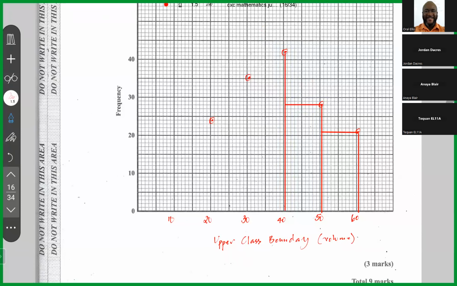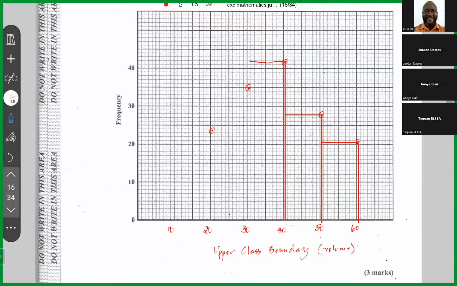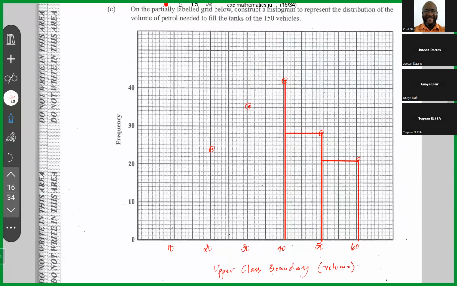It's not something you can go into the exam to figure out. And we're drawing our histogram. It takes time, and when you do it in the exam, it will also take time.